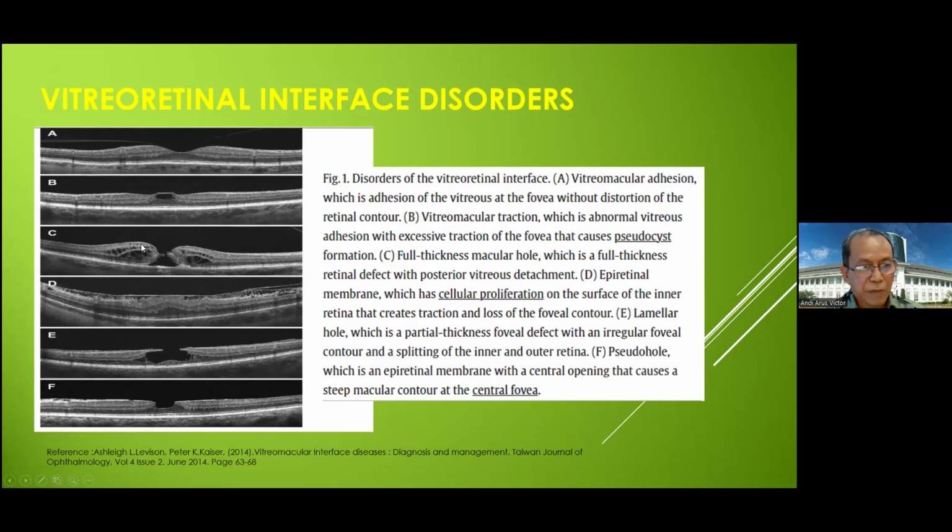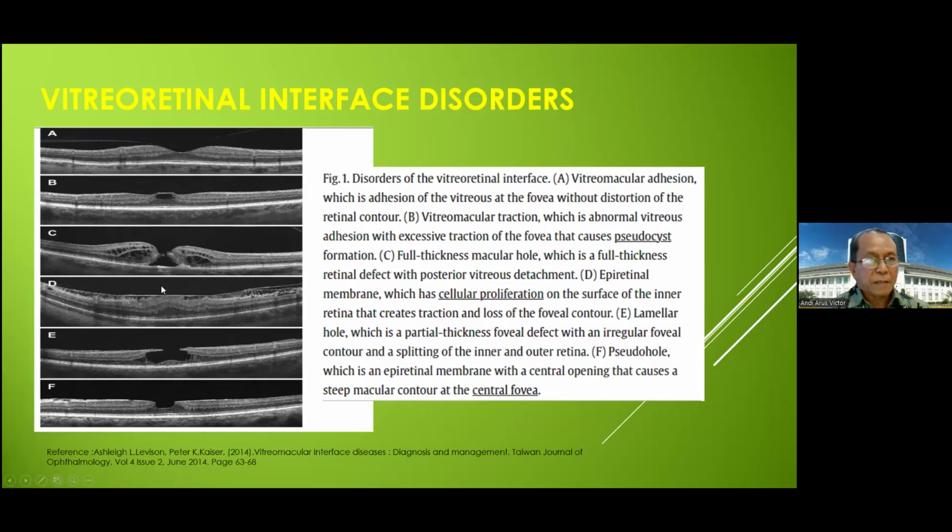C is full thickness macular hole and cystoid formation in the macula. D is epiretinal membrane. E is lamellar macular hole. And F is pseudomacular hole.